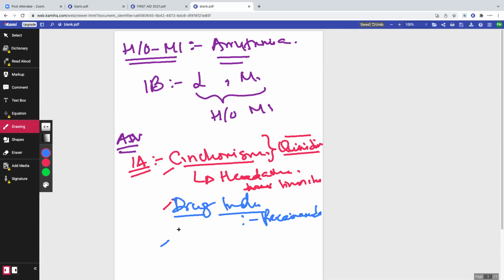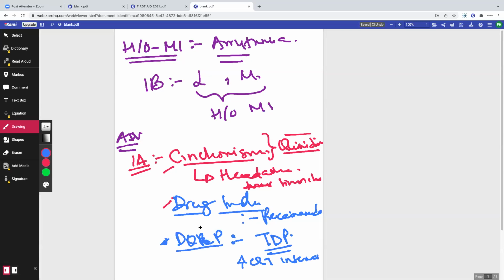Next one that's very high yield is that all three of these drugs, double quarter pounder, are known to cause Torsades de Pointes, or they have the tendency of increasing your QT interval. Are we clear?